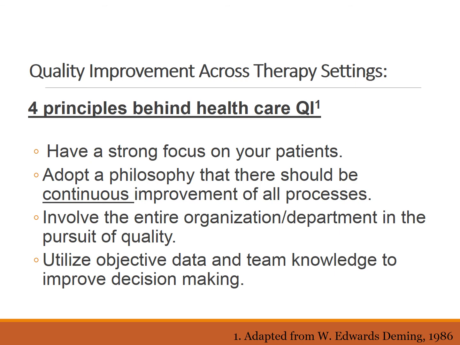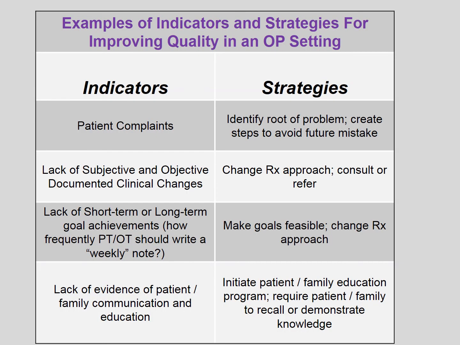So basically, the four principles behind healthcare quality improvement is to have a strong focus on our patients, adopt a continuous improvement process, involve the entire organization, and utilize objective data and team knowledge to improve our decision making. The last couple slides just show what you might do, examples of indicators and strategies for improvement.